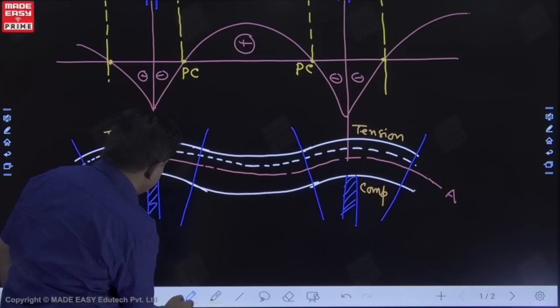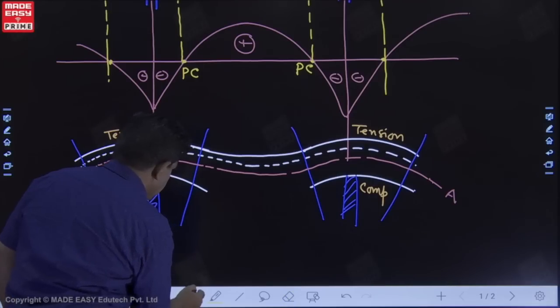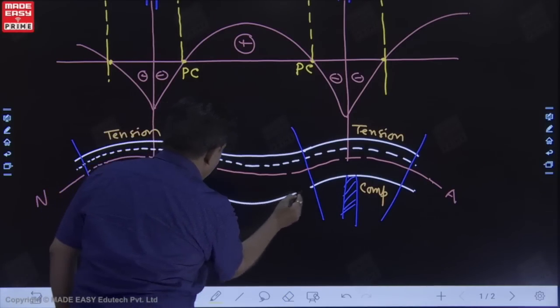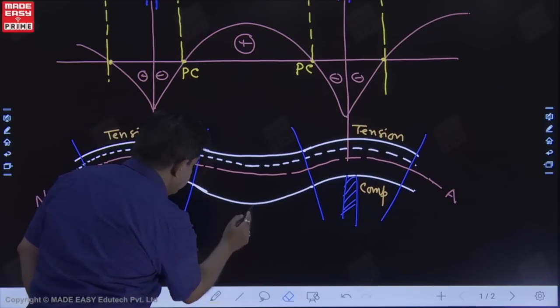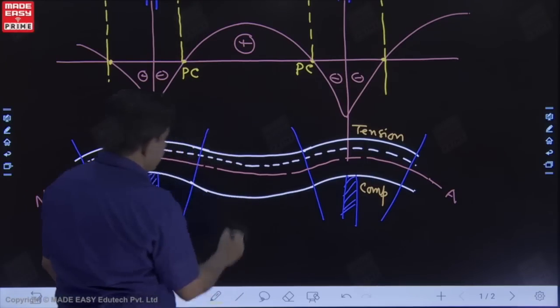In this portion we have, let me draw it again. In this portion we have this portion is, right.